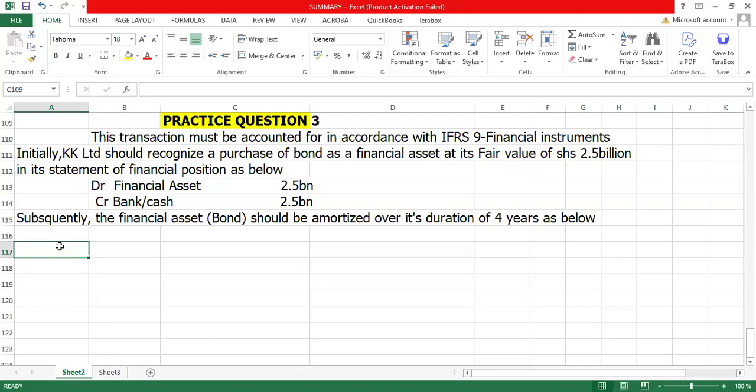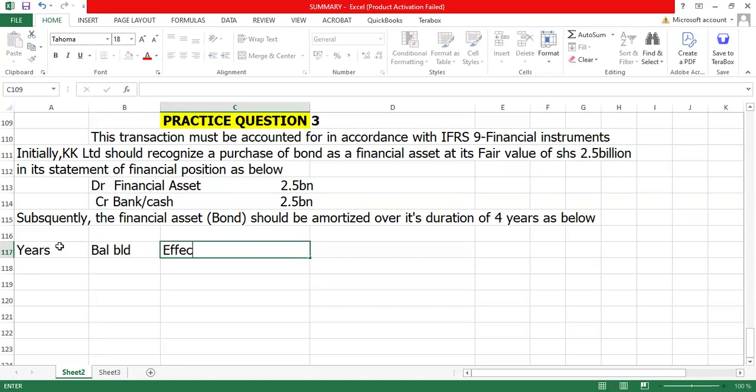What you simply do, put here your years or your period, then put here the balance brought down, or the amortized cost at the start of the year. Then, because you're dealing with a financial asset, you put here the effective interest income.